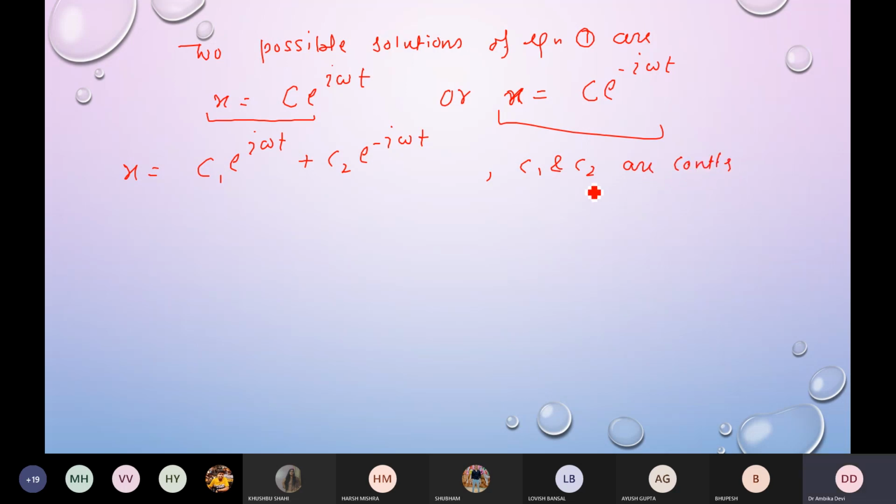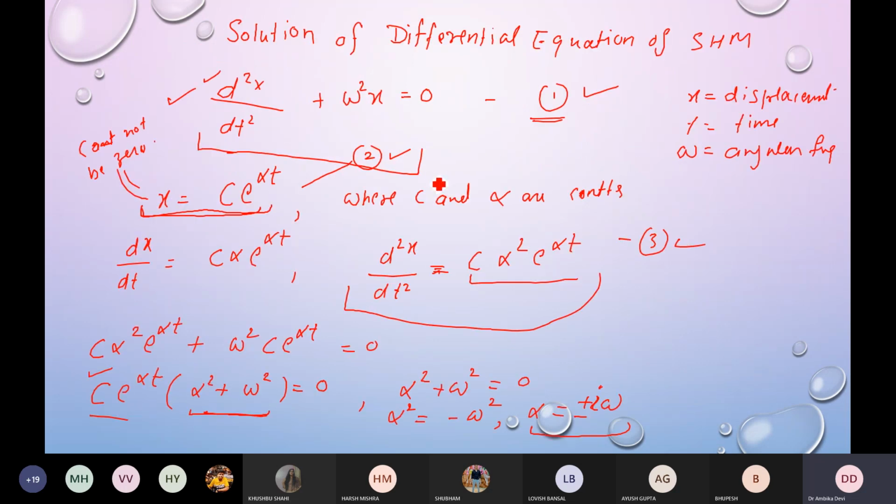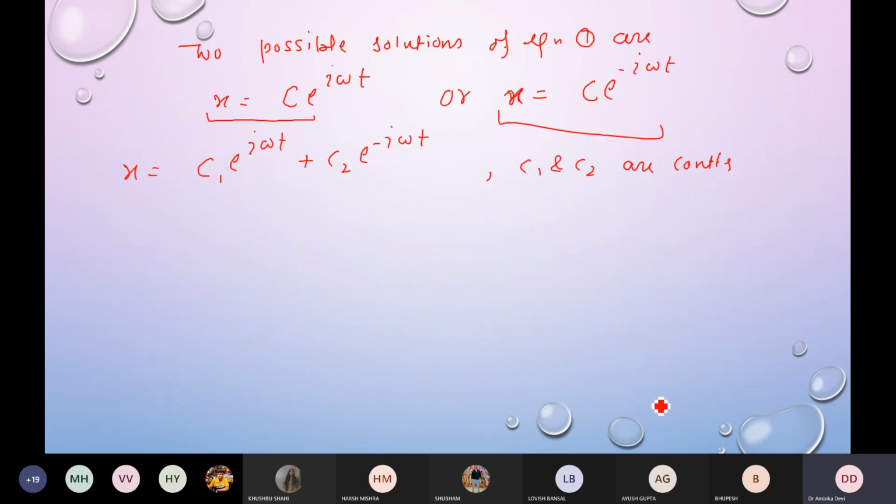Let us say this is equation number 4 and equation number 5.